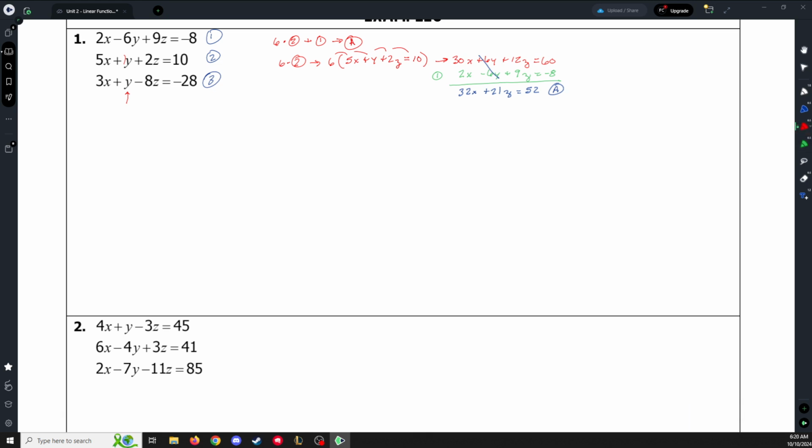I'm going to tell myself again, what am I doing? I'm going to take 6 times equation 3, add that to equation 1, and call that B. So that's 6 times 3x plus y minus 8z equals negative 28.